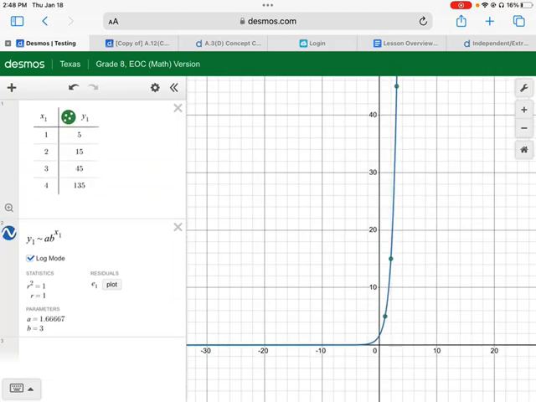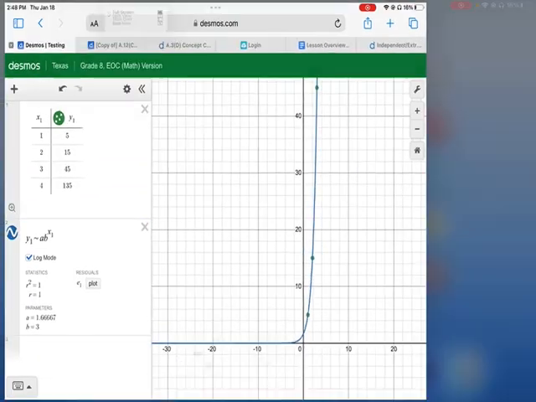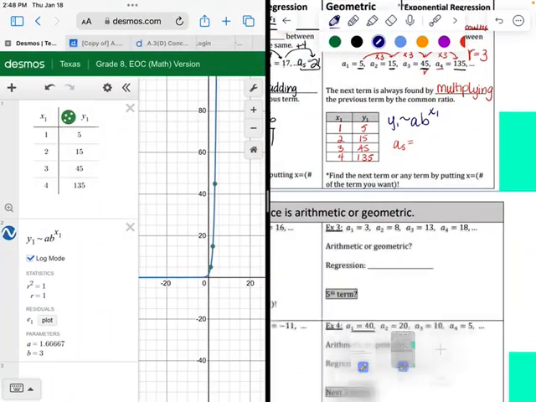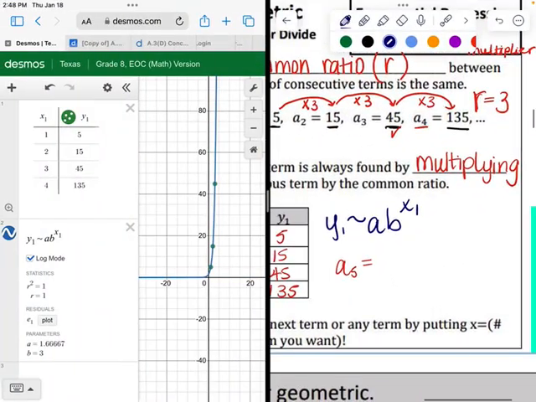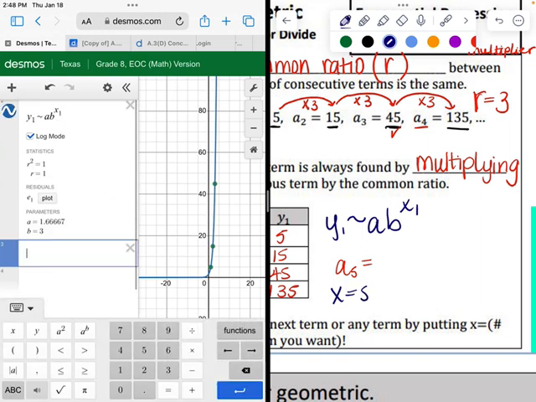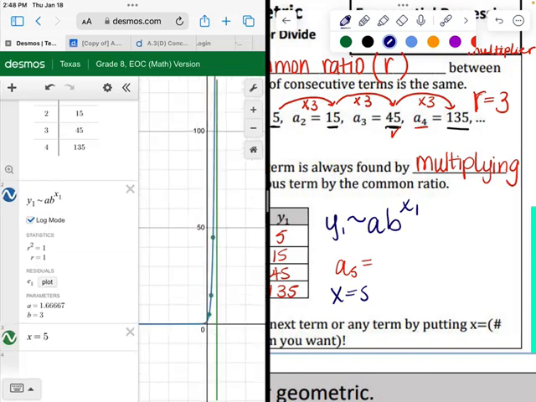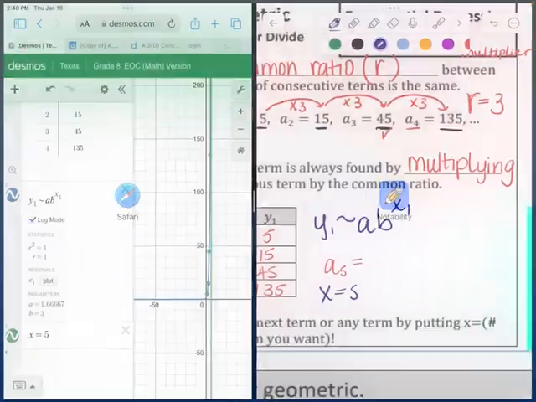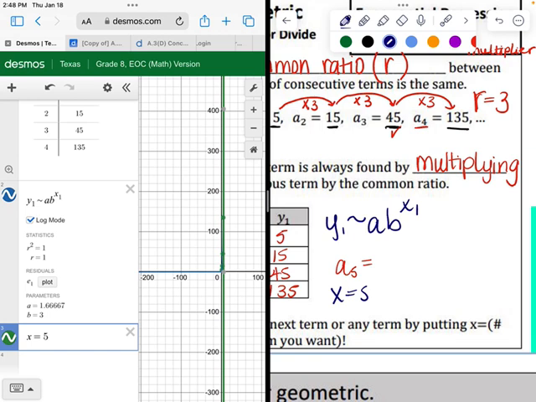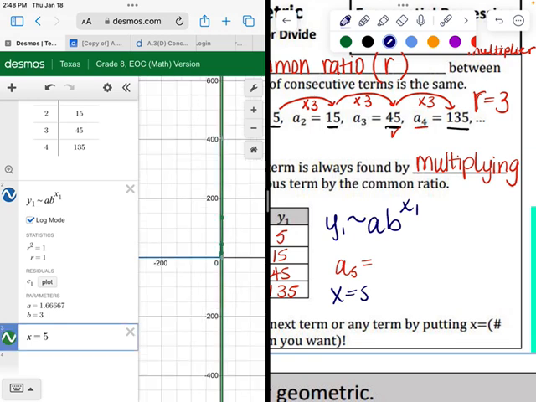And now if I want to do the exact same thing, where I look for the fifth term, that means A5, I can do this on Desmos by putting x equals 5 and checking where that crosses my line. So because exponential functions grow really rapidly, you might have to zoom out quite a bit, and I would keep on tapping on that green line, because eventually you're going to get a gray dot like this, and that's where they're crossing.